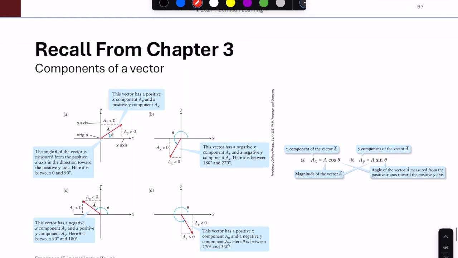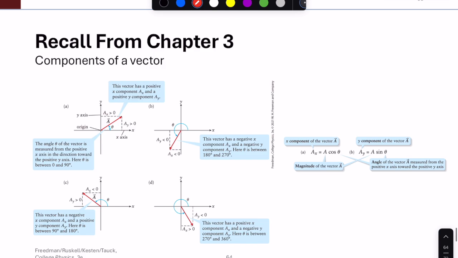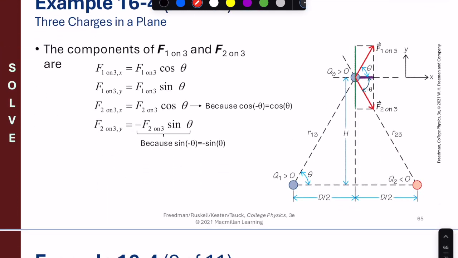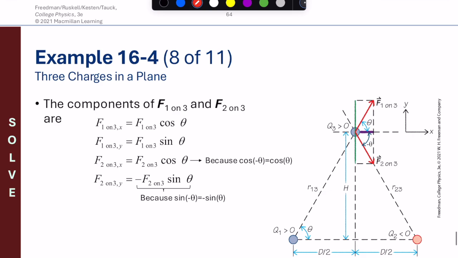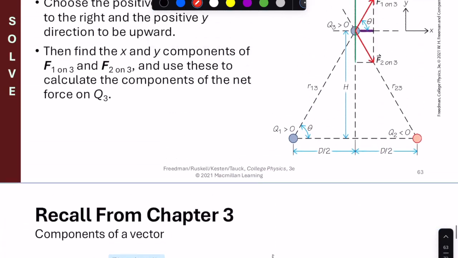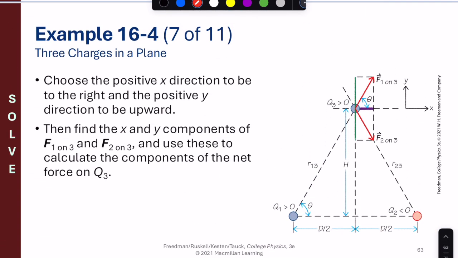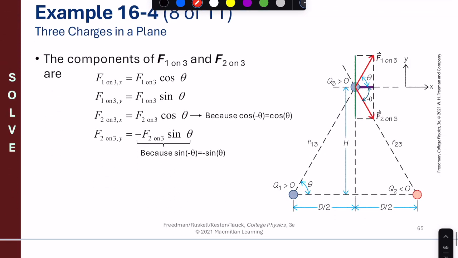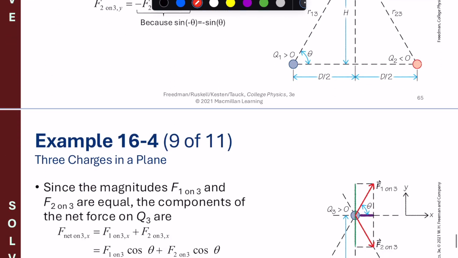This is just a snippet from chapter 3 that reminds you of how to find the components of a vector depending on what direction that vector is pointing, okay? And so then I kind of slid that into the middle of example 16.4. So if you do follow the example in the slides, this is coming up at the right spot. Okay, so the video also will talk about these steps here.